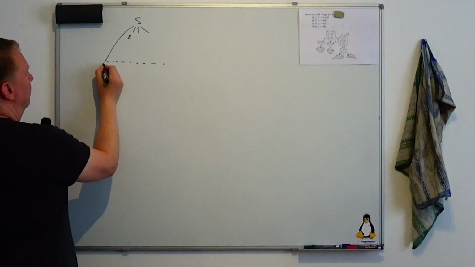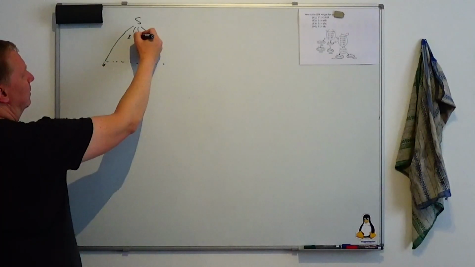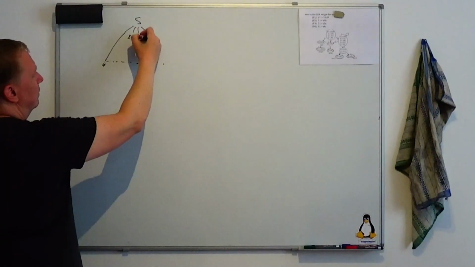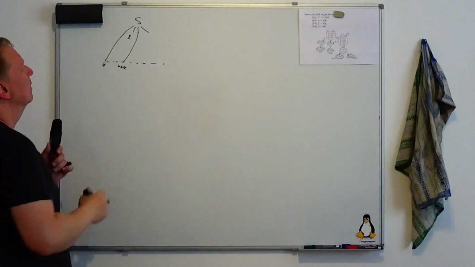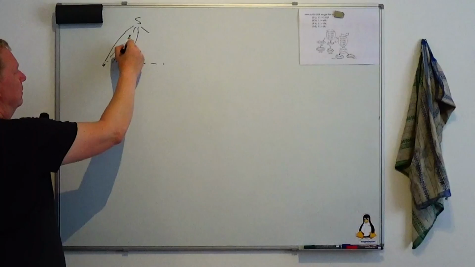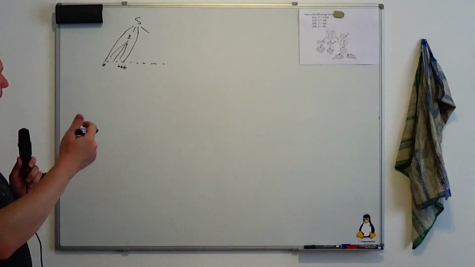Like this could be an if, and then here we have a Boolean condition, and then maybe, I don't know, a while. And that Boolean condition would then do something down here. And that's how LL works.